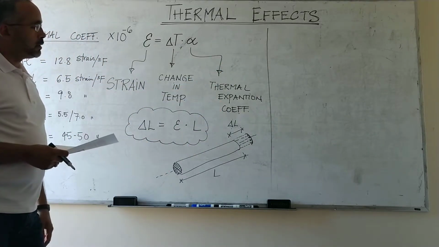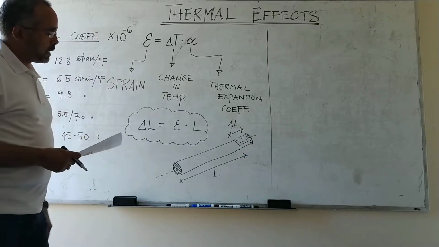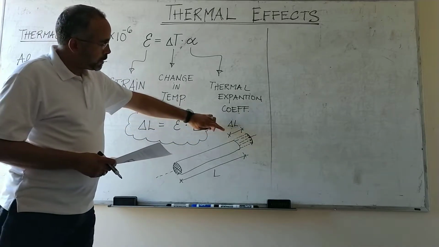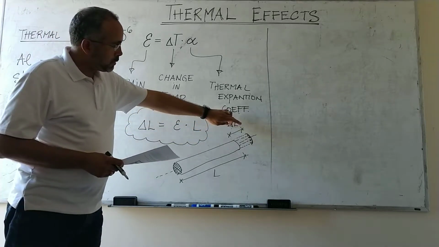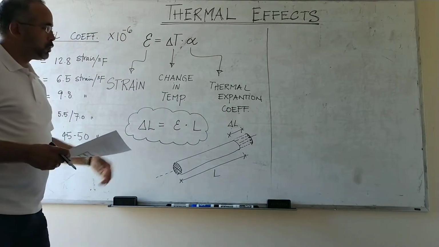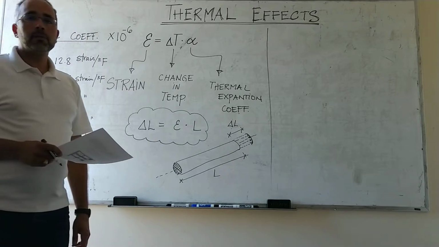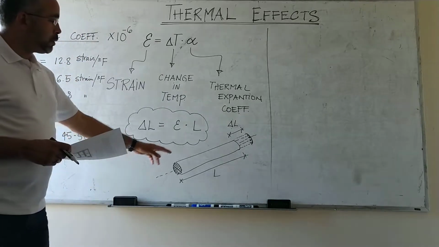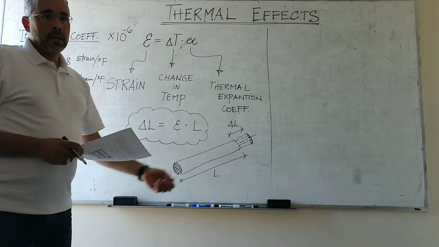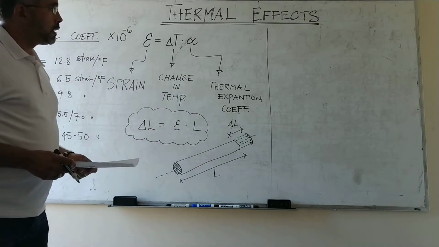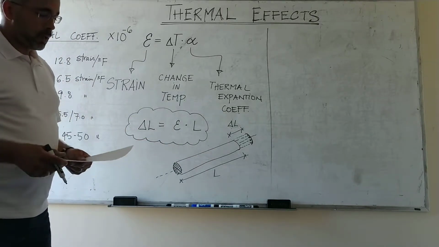If it goes down, the material will shrink. And in the case of a bar, the elongation, in addition to creating a deformation, could also create thermal stresses if the bar is restrained. Let me show you an example of that and how you would do those calculations.